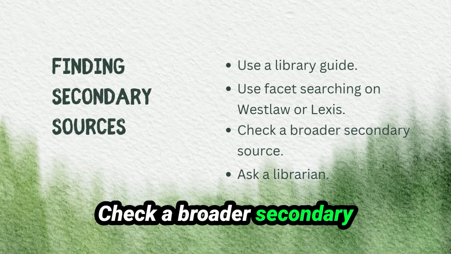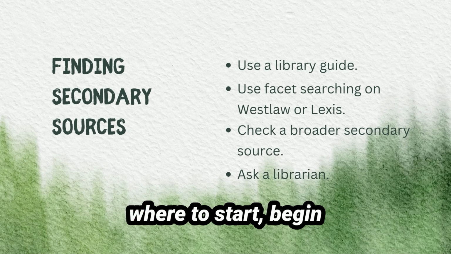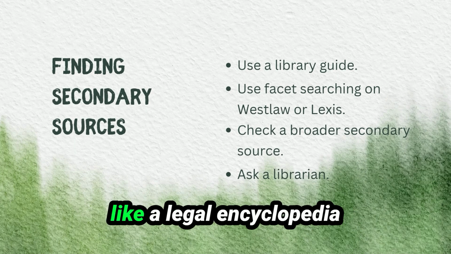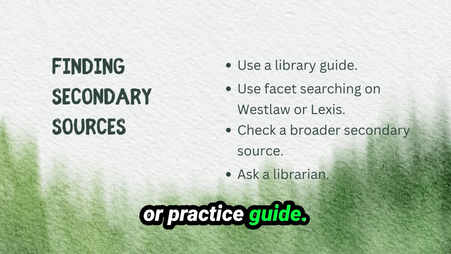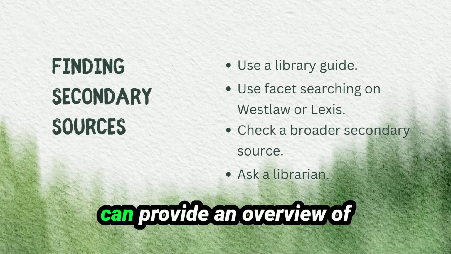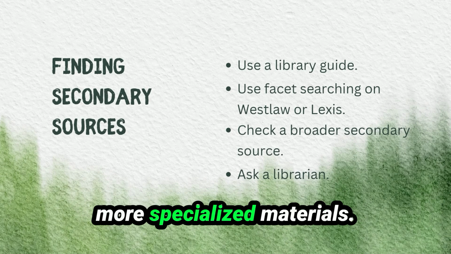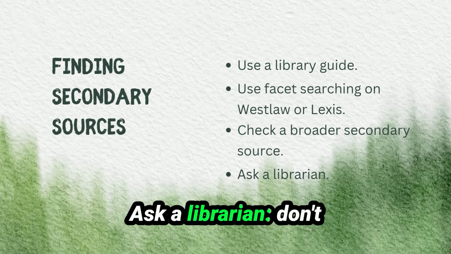Check a broader secondary source. If you're not sure where to start, begin with a general resource like a legal encyclopedia or practice guide. These broader sources can provide an overview of your topic and point you to more specialized materials. Ask a librarian.